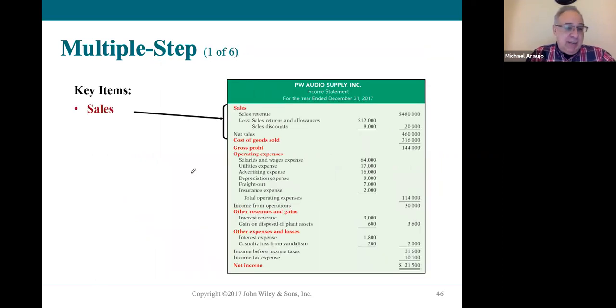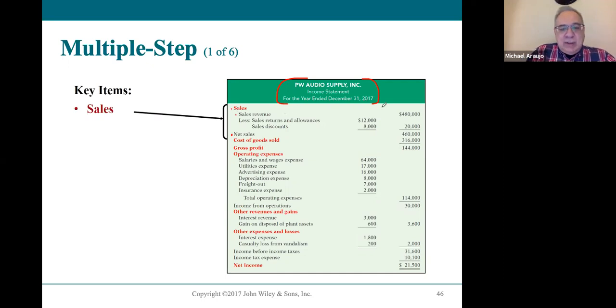So you'll be actually setting up one of these in brief. Here is the one for PW Audio. PW Audio, again, it starts with net sales, but in order to get to net sales, right, you know how it goes from the last part of the chapter.